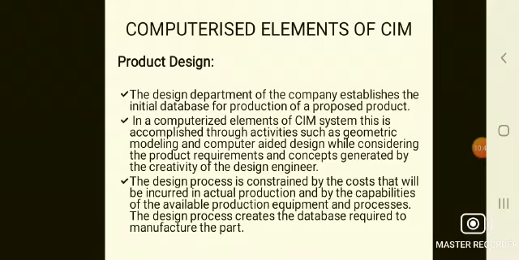The design process is constrained by the cost that will be incurred in the actual production and by the capacities of the available production equipment and processes. The design process creates the database required for the manufacture of the product.